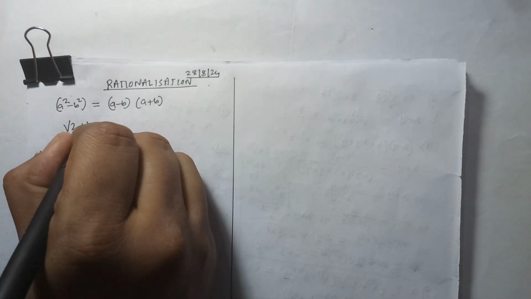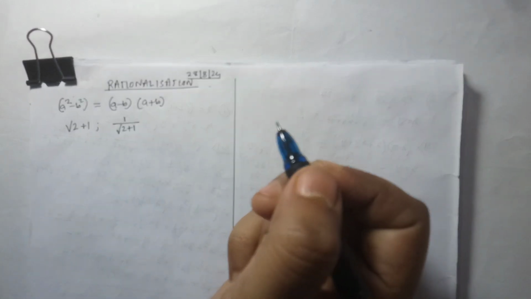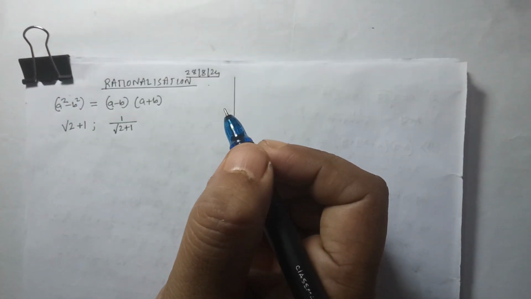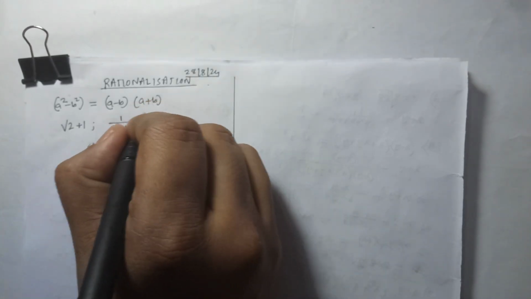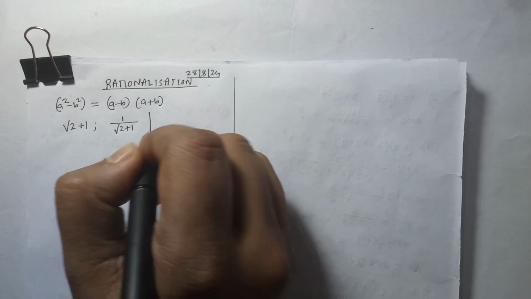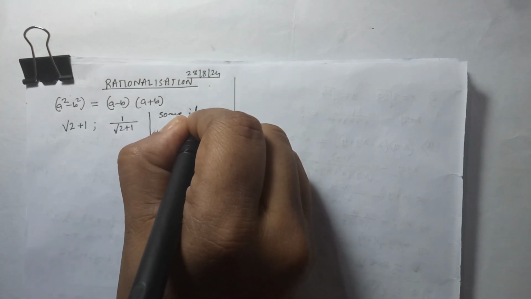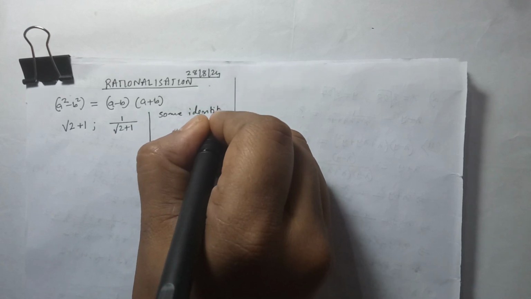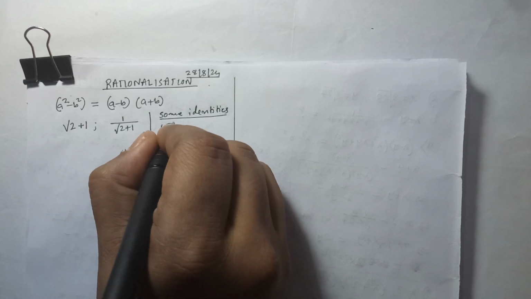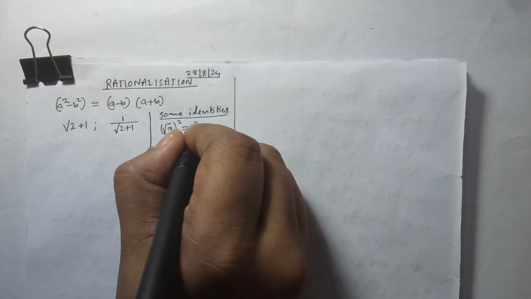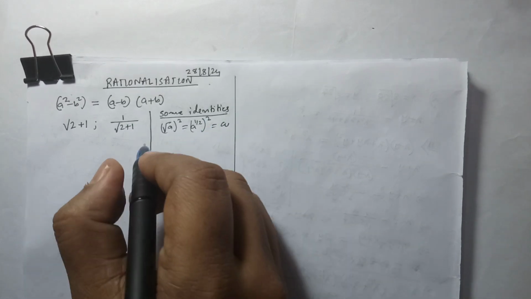Suppose we have been given a simple problem, 1 by root 2 plus 1. Before I go with the rationalization, some identities. This thing you have to remember. Root a whole square is a to the power of half whole square, which gives a.